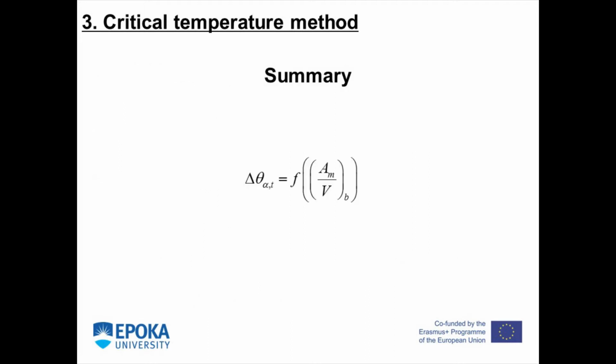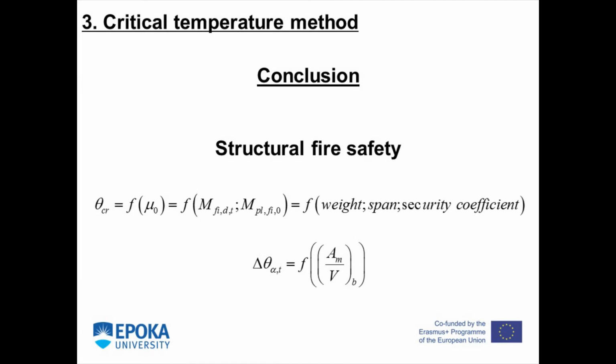In summary, the temperature of the beam is a function of only the section factor. In conclusion of this third part of the presentation, we can say that structural fire safety is a function of span, self-weight, combination coefficient, and section factor.